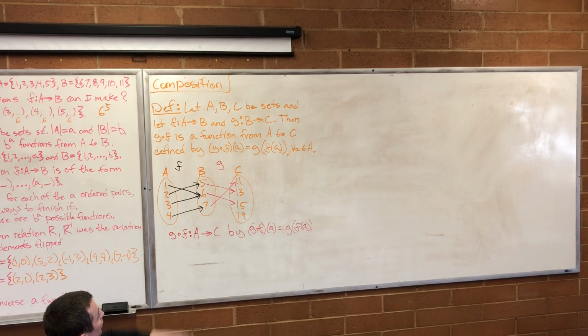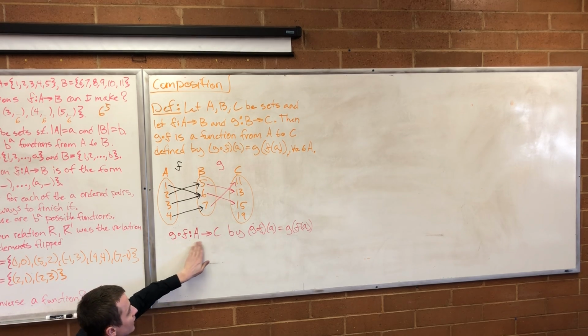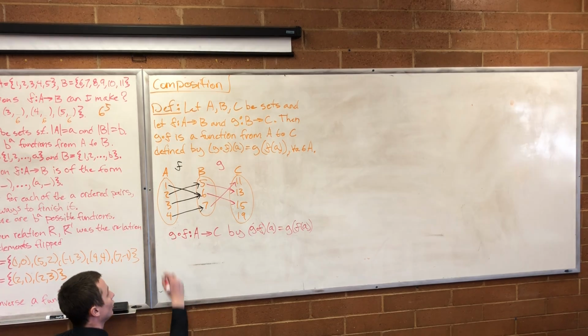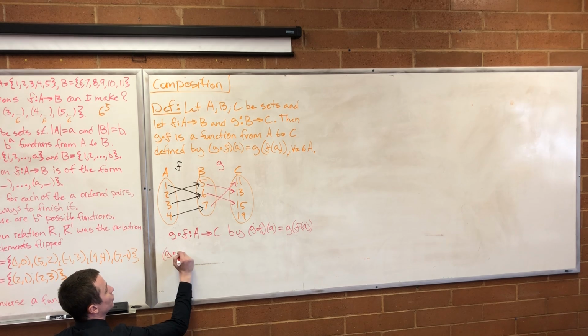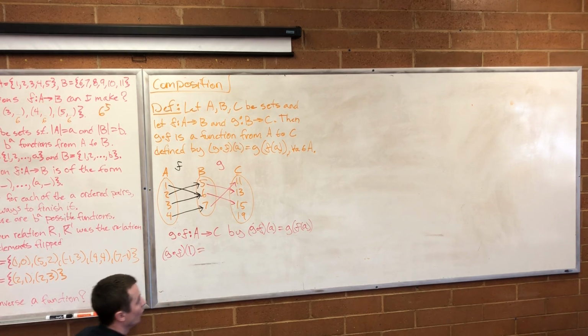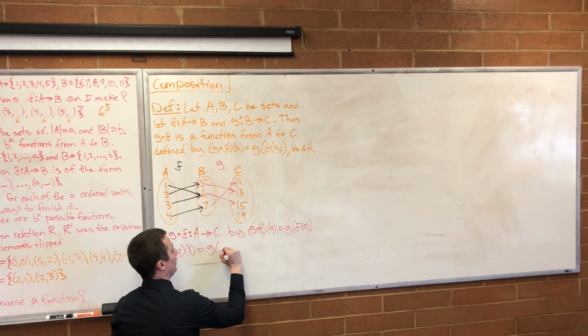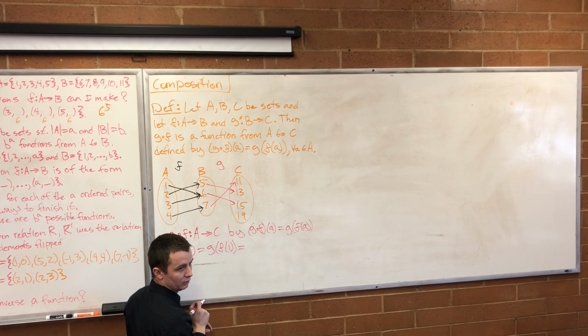So G composed with F has to map everything in A to something in C. So what is G composed with F of 1 equal to? Well, that's equal to G of F of 1, which is equal to, what's F of 1? 6.